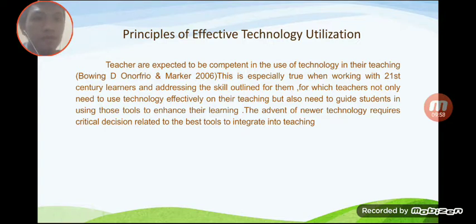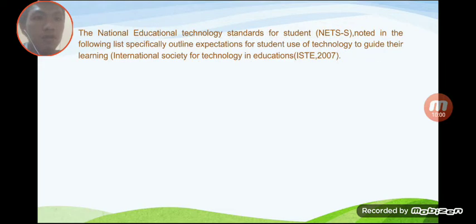The National Education Technology Standards for Students, or NETS, noted in the following list, specifically outline expectations for student use of technology to guide their learning. So, nandito yung guide para sa mga estudyante para gumamit ng technology.